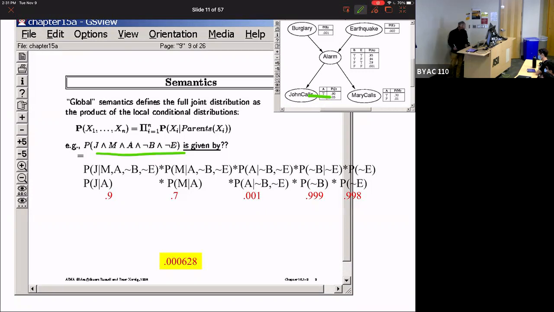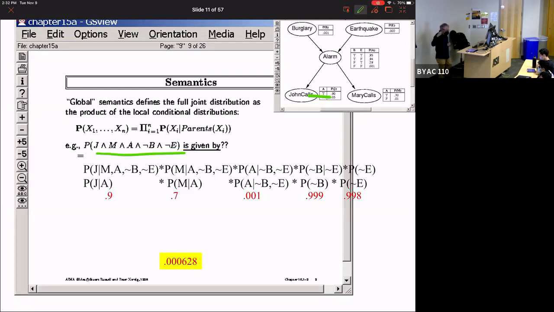okay, is the same as, actually, in fact, it's not just ancestors. The right thing is a node is shielded from all its non-descendants given its parents. Siblings are also non-descendants. You see what I'm saying?